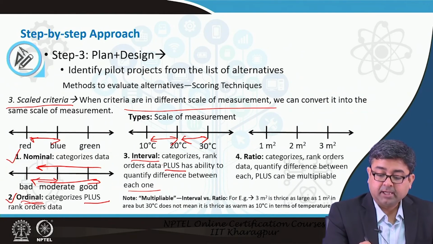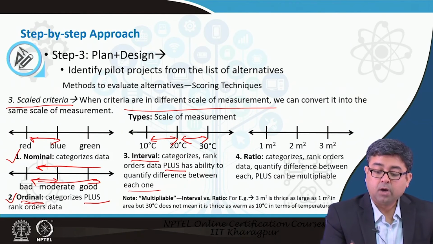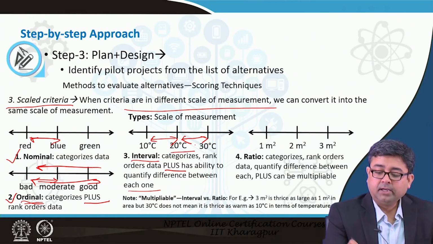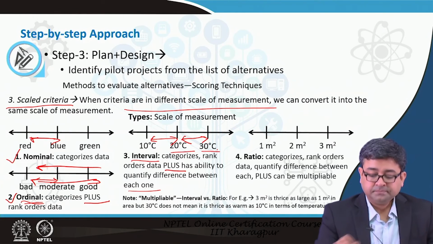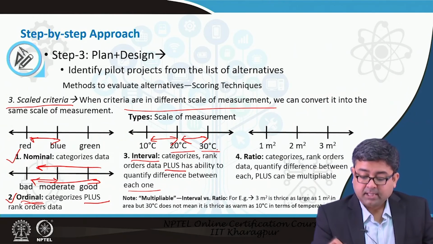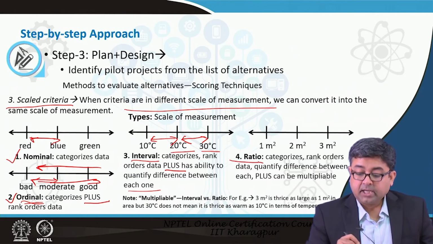What an interval scale does is let you quantify. So, you can not only categorize and rank, but also quantify the difference. You know the exact difference between 20 degrees Celsius and 30 degrees Celsius. Similarly, the last scale is called the ratio scale.